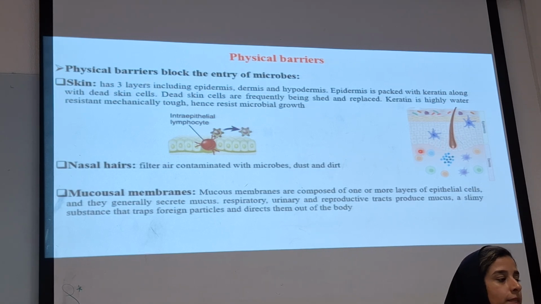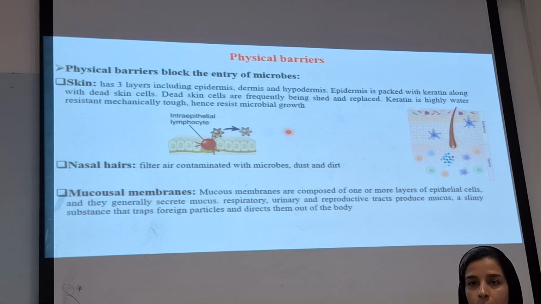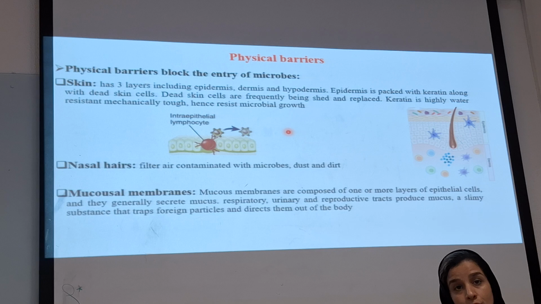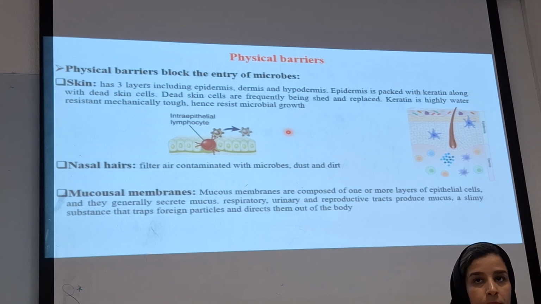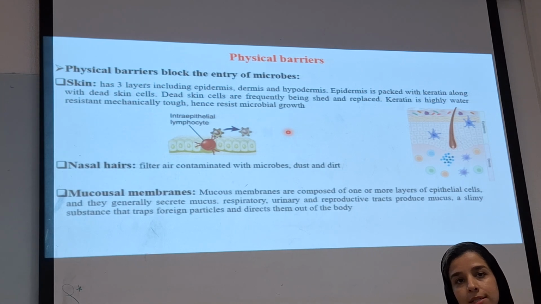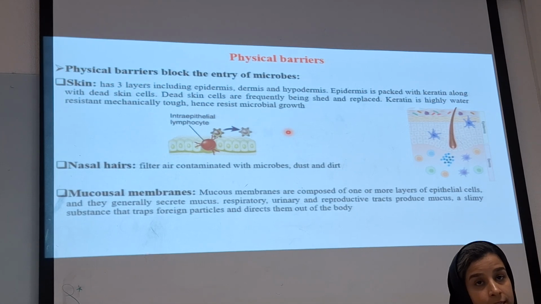And so the skin, as one of the physical barriers in our body, protects us against pathogens entering our body. For example, a person who burns his skin is prone to different infections because this person is missing one of his physical barriers, his skin.